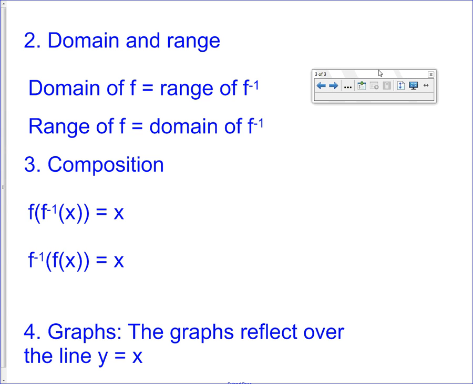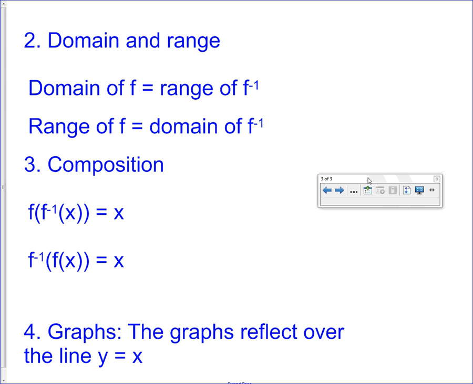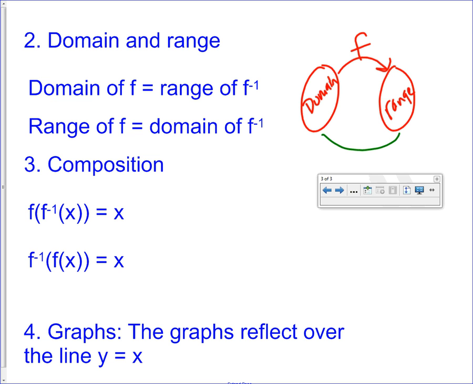The next property of inverses I want to talk about is domain and range. When you have inverses, all this says is that the domain and range switch, and we know that from our pictures. Here are all my inputs, or my domain, and here are all my outputs, or my range. f takes my domain and sends it to my range. f inverse goes the opposite direction: it takes my range and sends it to my domain.